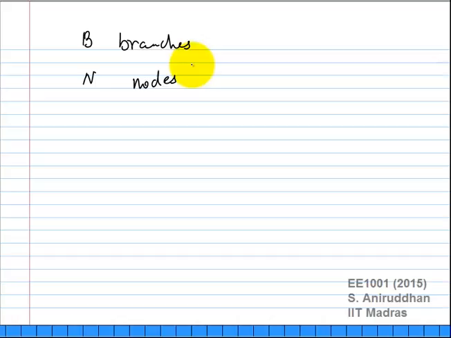The total number of elements is B. The total number of nodes is N. Remember that you can take the same set of B elements and create multiple networks with different numbers of nodes. It depends on how you connect them. So you can have some N nodes which is independent, which is not directly related to B. Is that clear?